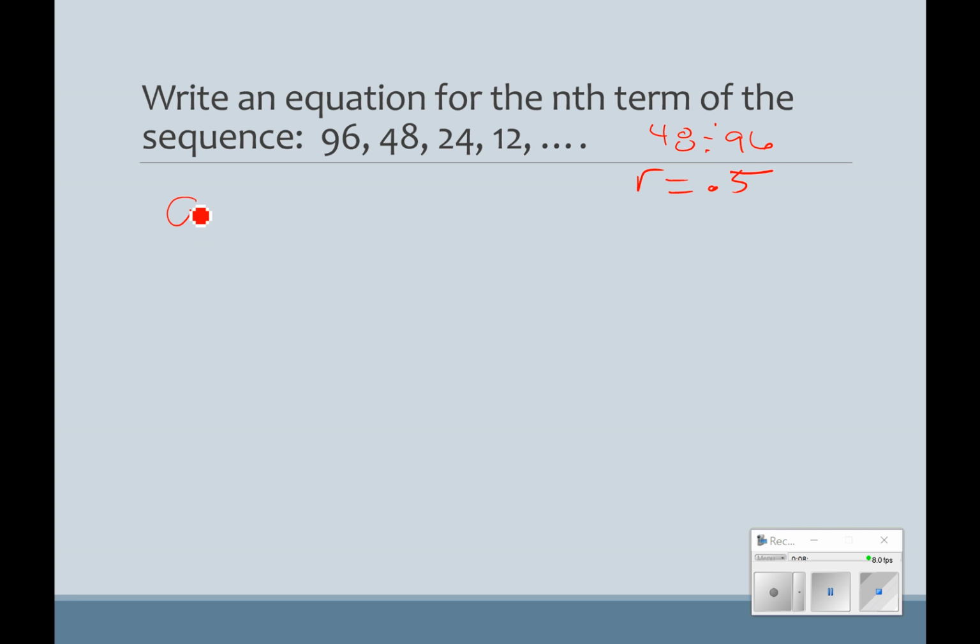So again, any term is equal to the first term times R to the n minus 1. And in this case, A sub n equals 96 times 0.5 to the n minus 1. And we're done. That's all you have to do.